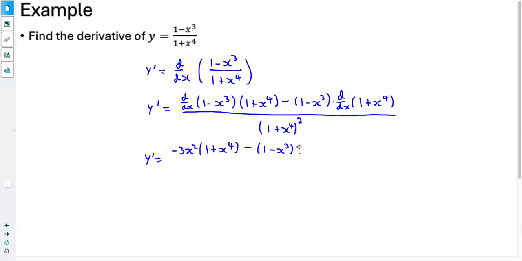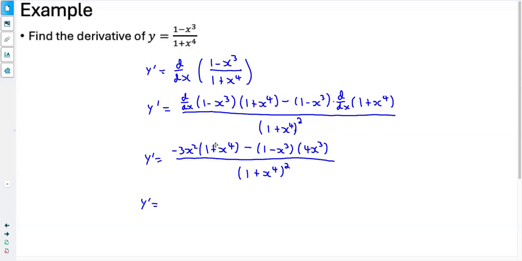So that would be times 4x cubed. And then that's all over 1 plus x to the power of 4 squared.